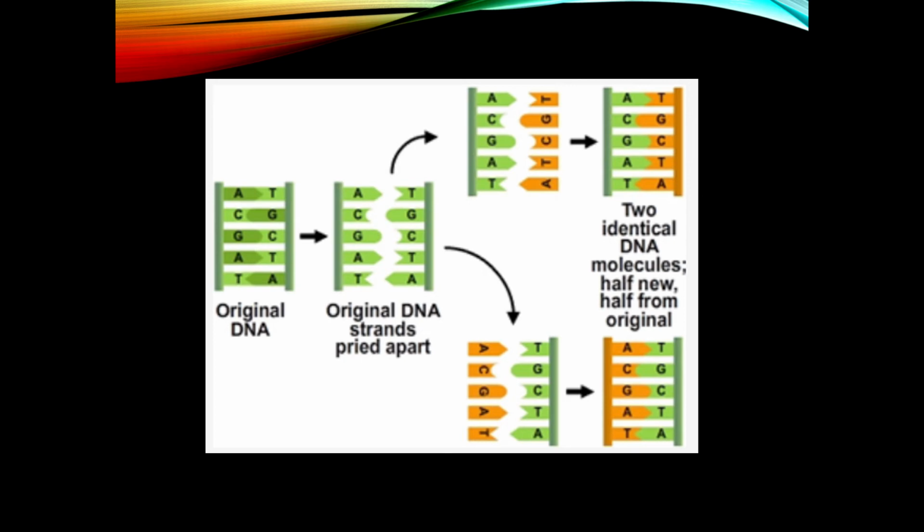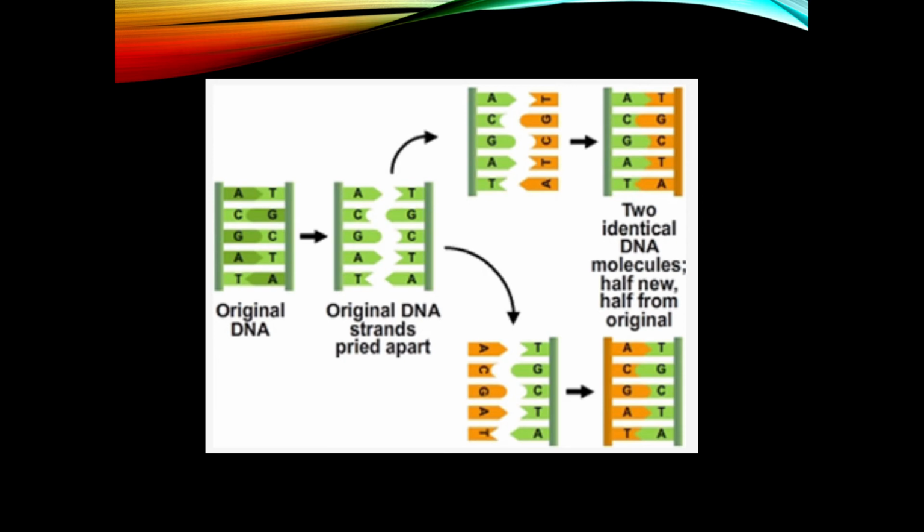Okay, so now, as you can see in the next step, the original DNA strands pry apart. And we have one green part at the top and one green part at the bottom. So how is it going to replicate? Some extra paired bases are going to come and attach to the original ones.